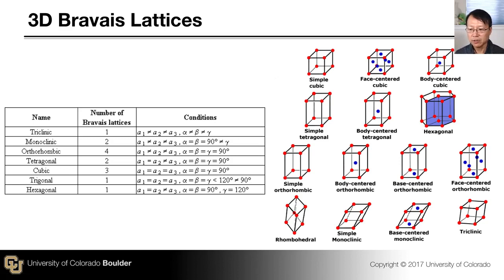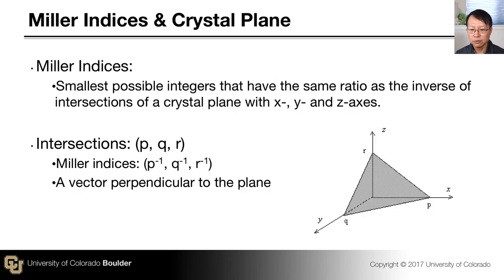Now, before we move on, I want to introduce Miller indices, which are used to specify crystal planes. So suppose that I want to specify a particular crystal plane, as shown here. The shaded triangle is a section of the crystal plane that I want to specify.